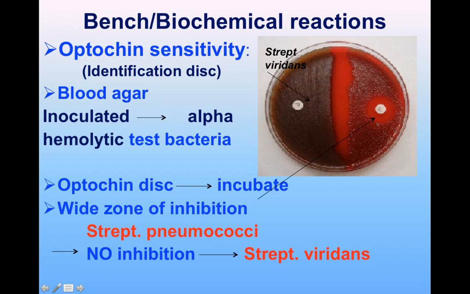After incubation, you're going to see a wide zone of inhibition around the disc in case of strep pneumoniae. But if it is strep viridans, there is no zone of inhibition and the organisms can grow up to the disc margin. So this is a very important diagnostic test for strep pneumoniae, and it's a differential test because we are differentiating strep pneumoniae from strep viridans. Both are alpha hemolytic streptococci.